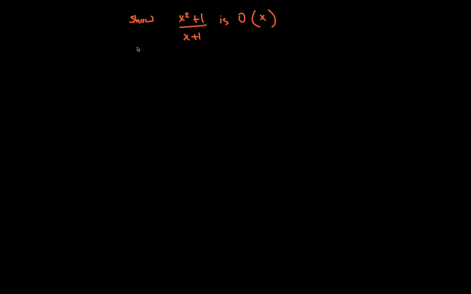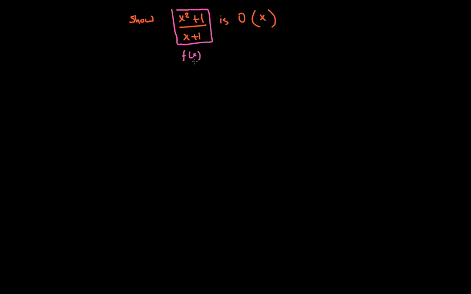Now, if you've been watching my videos, the first and the second video, think of this function over here as a function which is f of x. This is the actual performance of your algorithm.